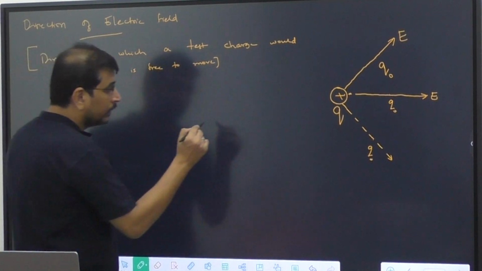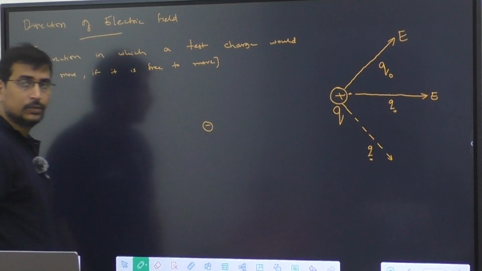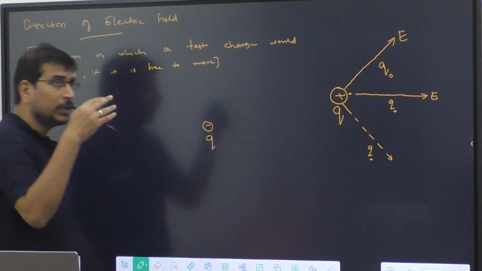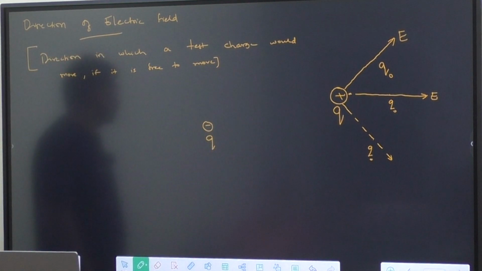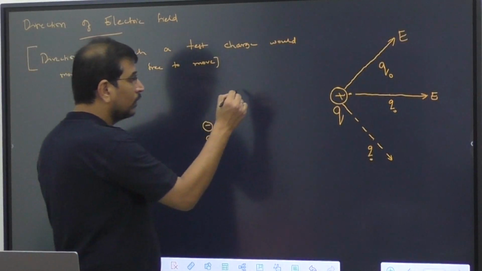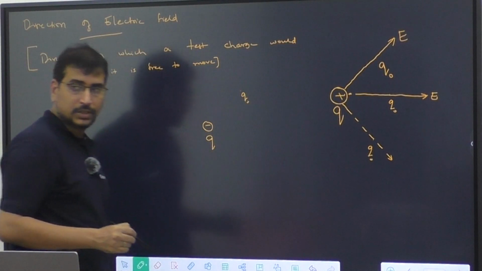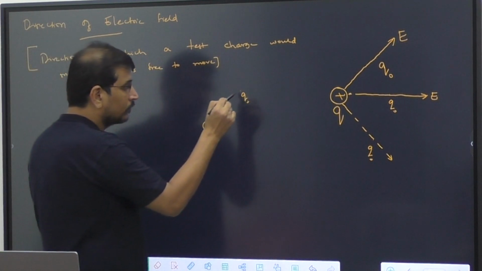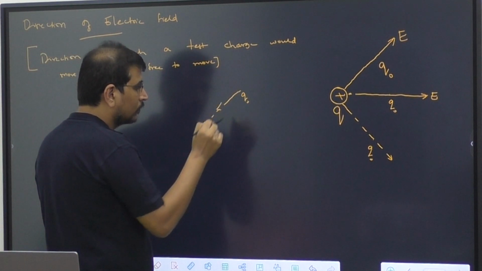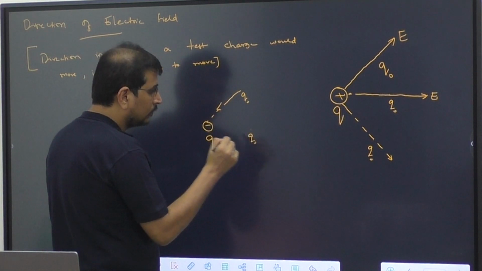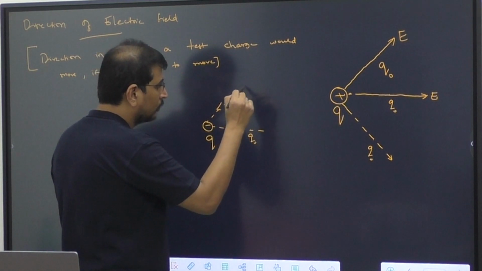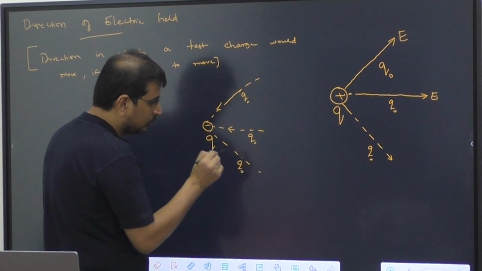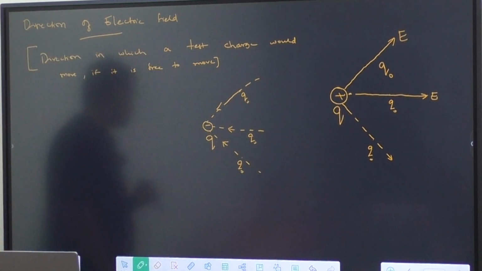Similarly, if I place a negative source charge, what is going to be the direction of electric field due to it? Why is it so? Because if you place a unit positive test charge, it will get attracted. Am I clear with all this?